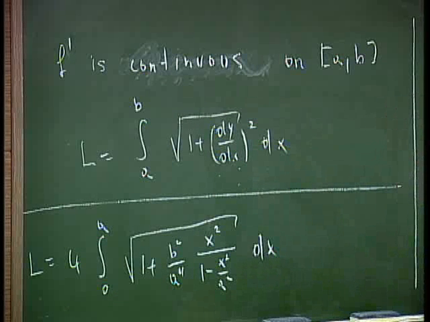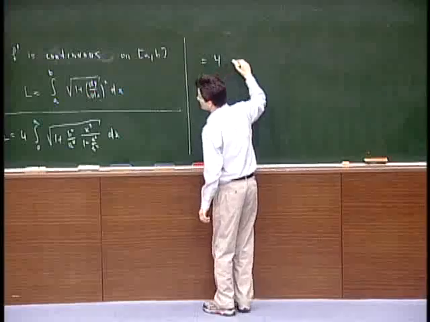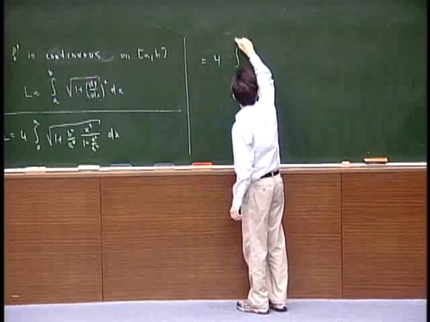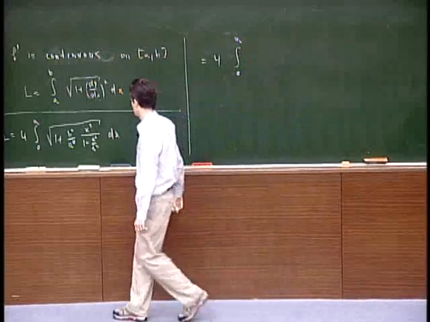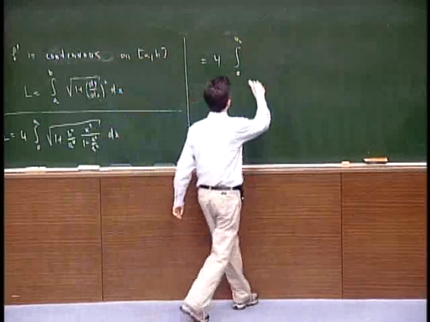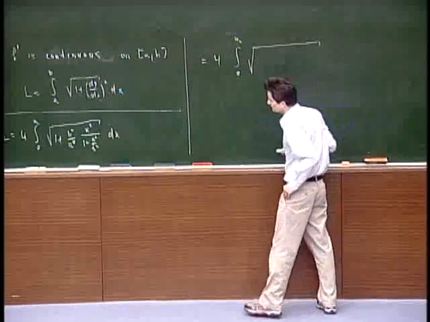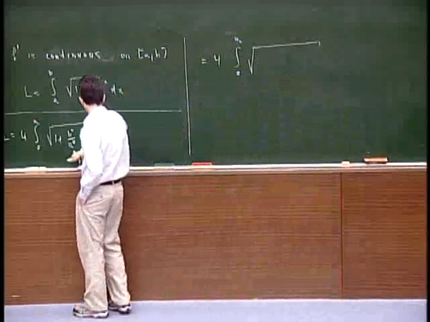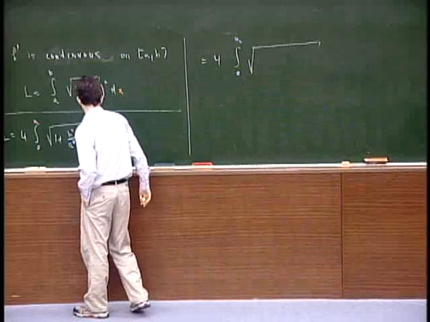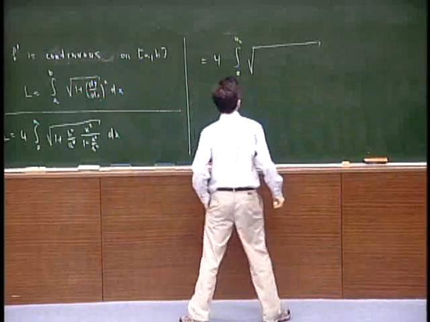Okay, so we can simplify this a little bit. We have 4 times the integral from 0 to a. We use a common denominator, so we have here a to the 4 minus a squared x squared.